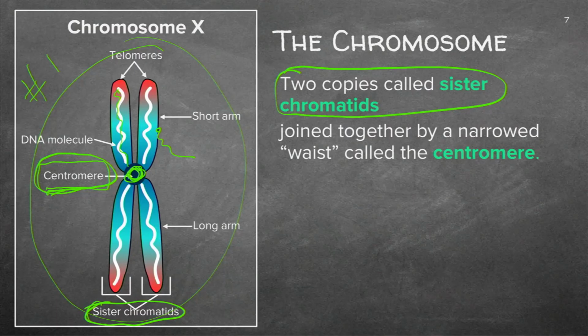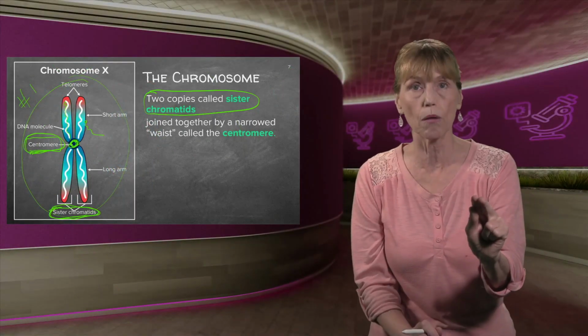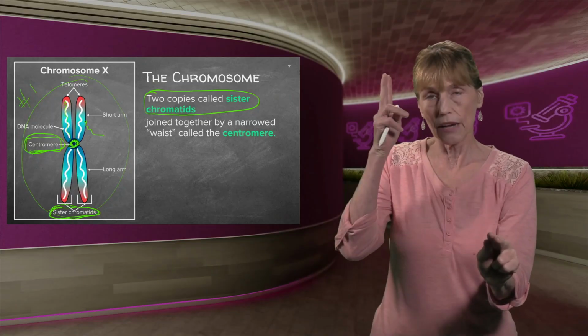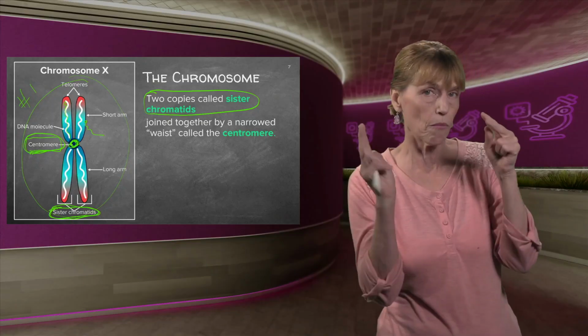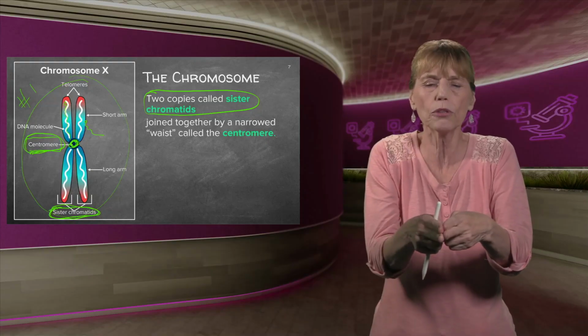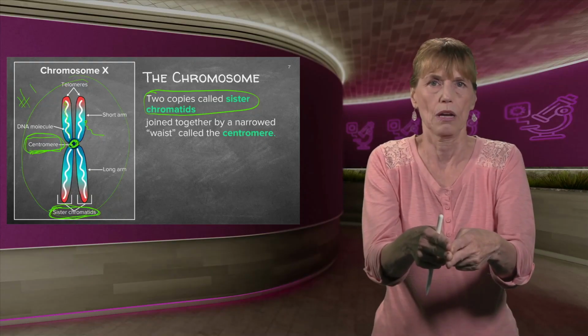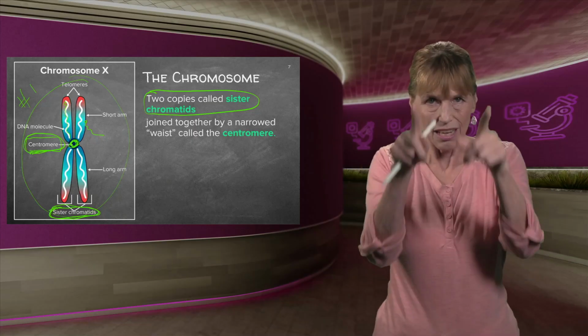And you have your sister chromatids. Sister chromatids are identical copies of one parent's chromosome. So you will have 2 sister chromatids from mom and, as I said, 2 sister chromatids from dad. You put them together, and now you have 1 chromosome. And that's the little X you see, okay?